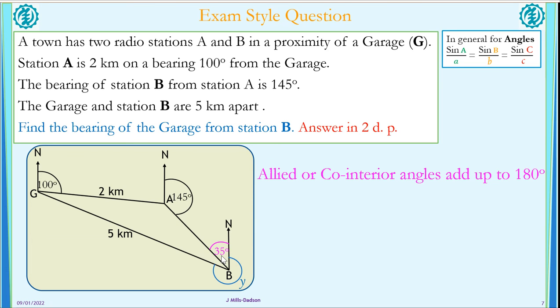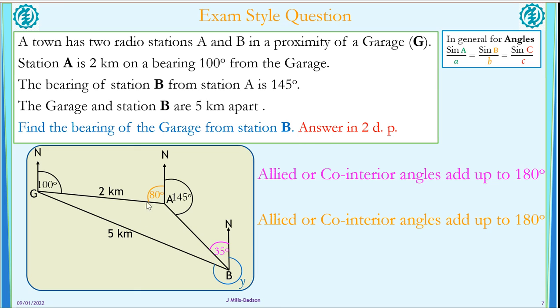This angle is 35 degrees because from your rules of angles, these two angles are allied or co-interior angles, and they add up to 180. If you review your rules on angles on parallel lines, you know that co-interior angles add up to 180 degrees. That's 35 degrees. All we need to do is to find this angle.